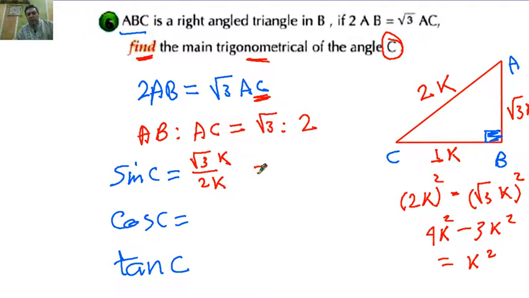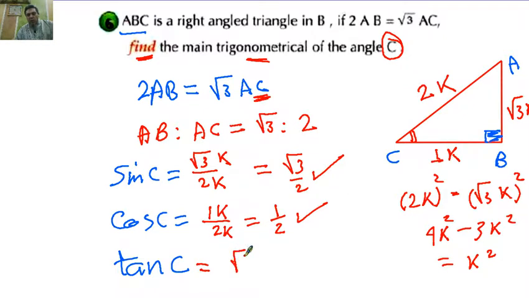Cancel K with K, equals square root 3 over 2. Cosine angle C, adjacent over hypotenuse, 1K over 2K equals 1 over 2. Tan C, opposite over adjacent, equals square root 3K over 1K equals square root 3.